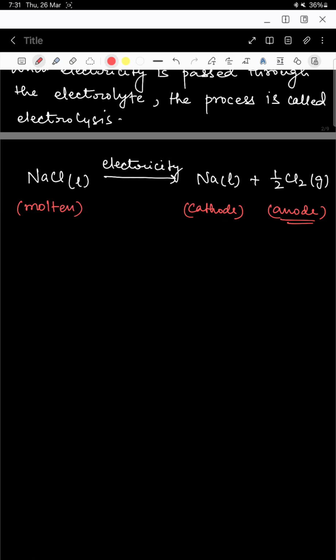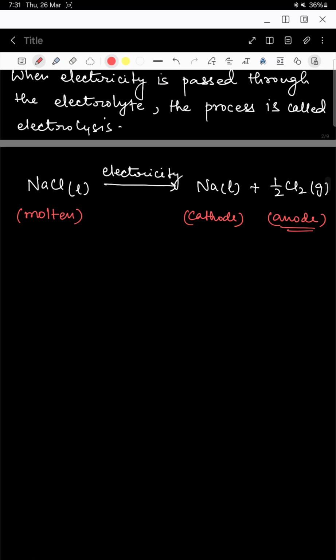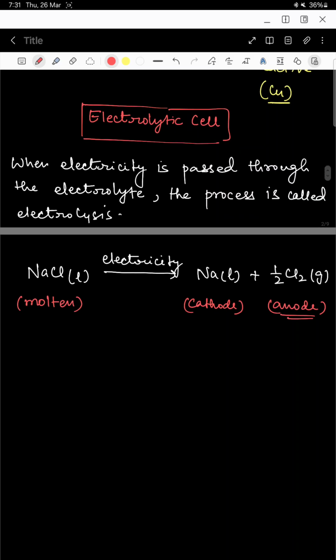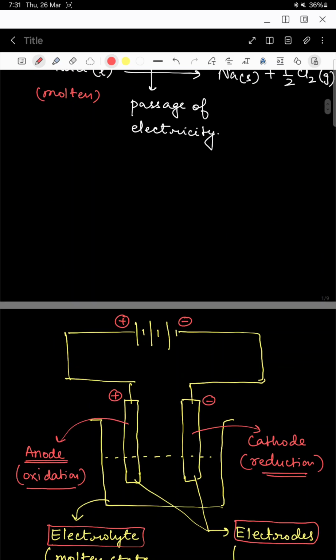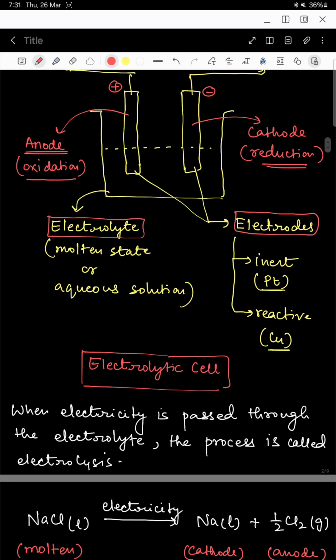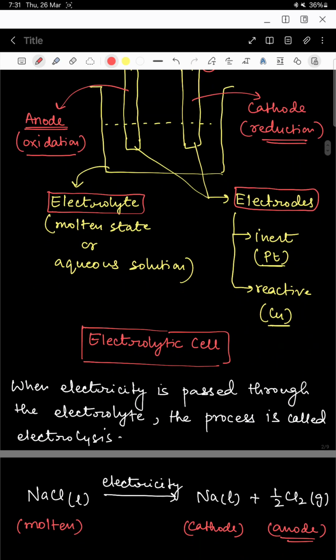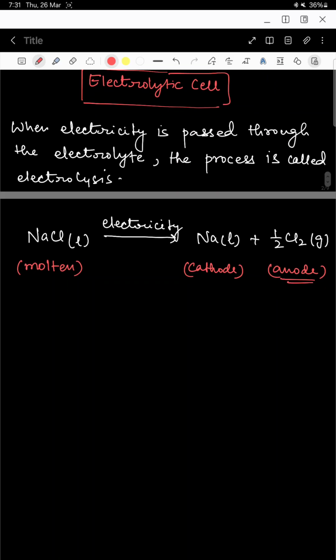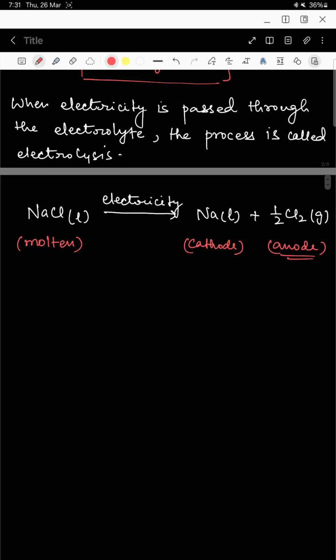That will be discussed in the coming videos, but right now we are not going to discuss that. First, just have a clear idea about what is an electrolytic cell and what kind of process occurs in it, or what is the use of an electrolytic cell. Now when molten NaCl is electrolyzed, sodium is formed at cathode and chlorine at anode.